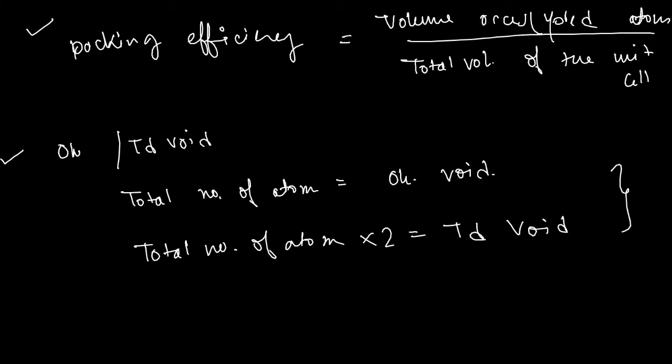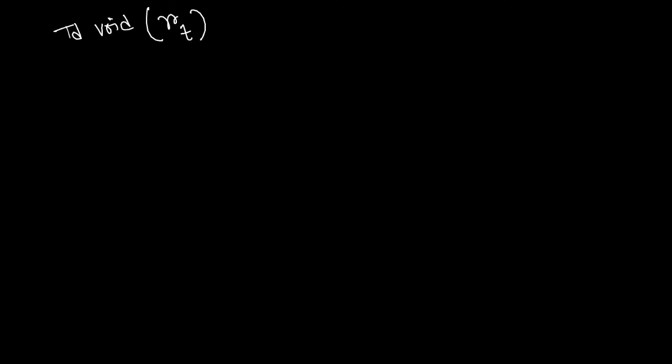And another thing you should know: if the radius of the tetrahedral void is rt and the radius of the atom is r, then the tetrahedral void radius is equal to 0.225 of r.